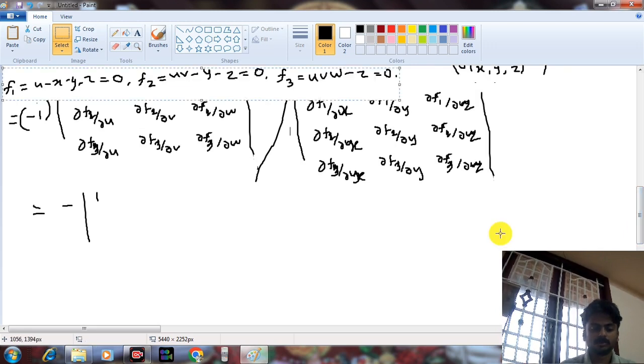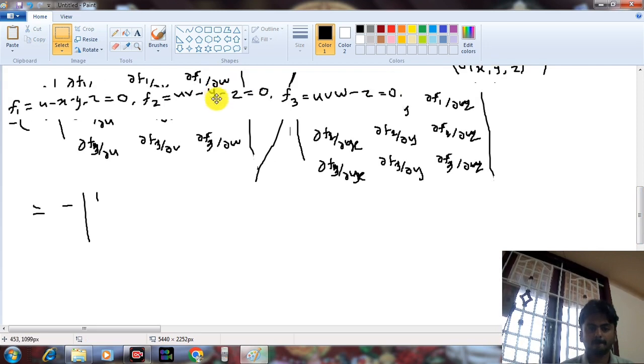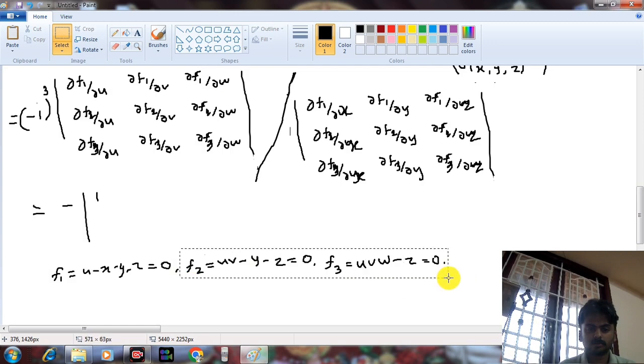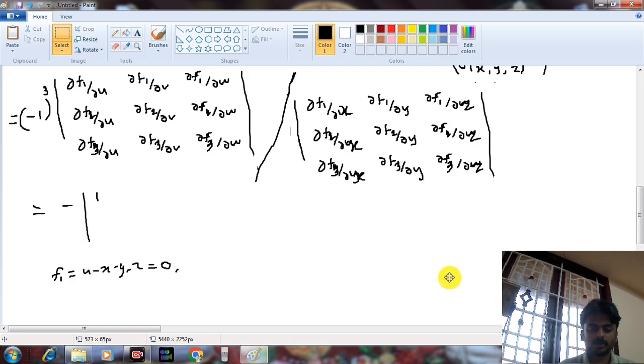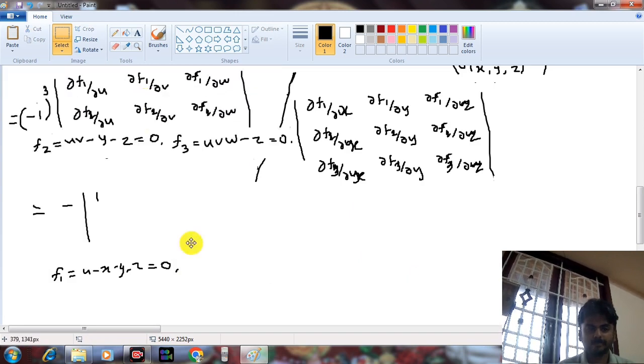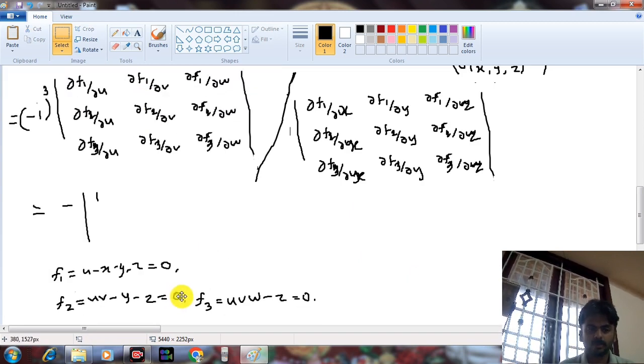Control plus V. Okay, just a minute. f2 and f3.